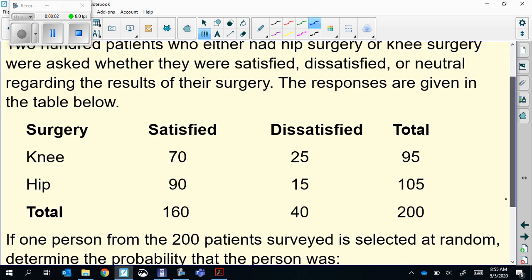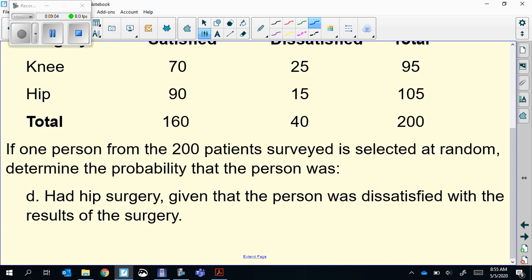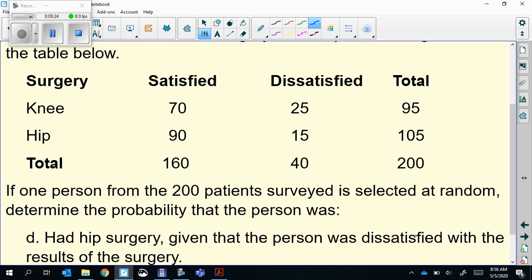All right. Find the probability that a person had hip surgery given they were dissatisfied. If we follow what we just said, we're looking for the overlap and then over dissatisfied. Given dissatisfied, you can highlight or circle the dissatisfied column, and then we're looking for hip surgery out of the total.